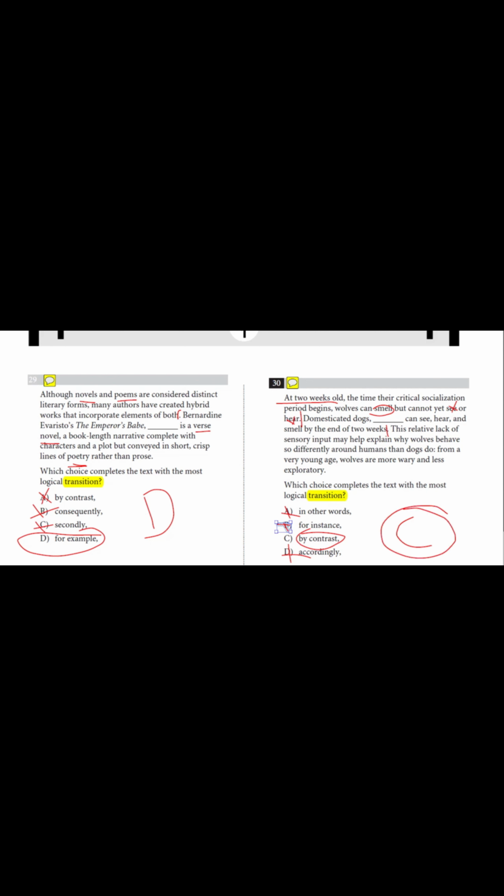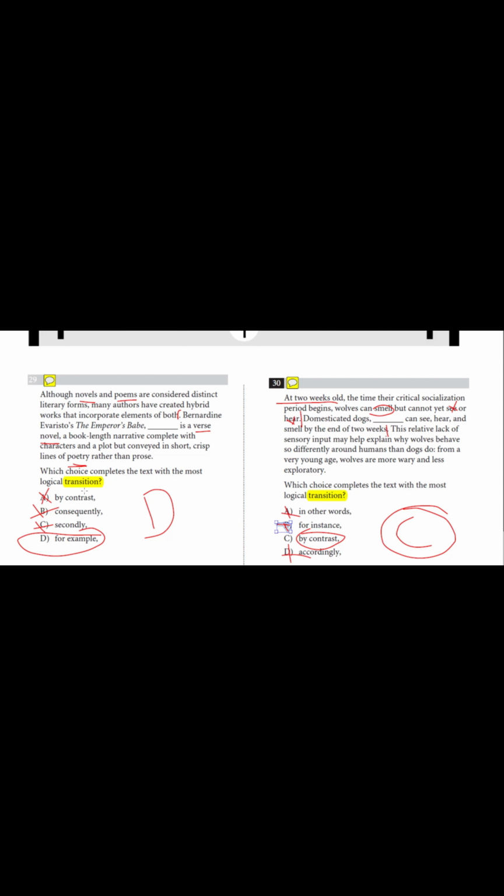Okay, so I'm gonna sum up. Whenever you have a transition question and it is very clear from the question stem that this is a transition question, first of all, you need to read the text carefully and try to summarize the ideas expressed in the text and figure out the relationship between the two sentences, the two ideas, and then based on the relationship between the two ideas, you can choose the best transition that can help you express this.